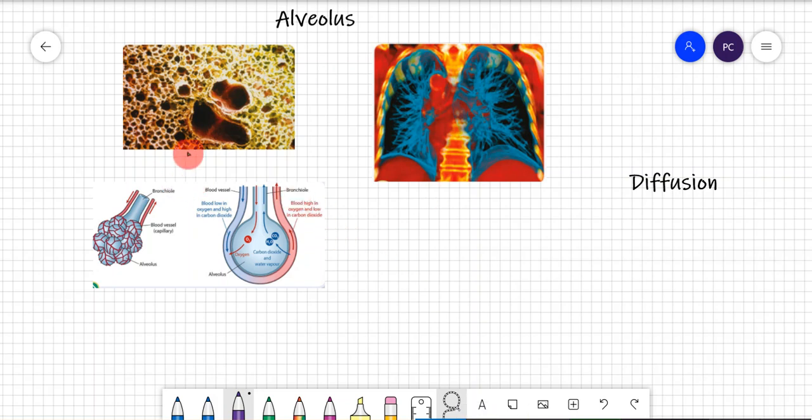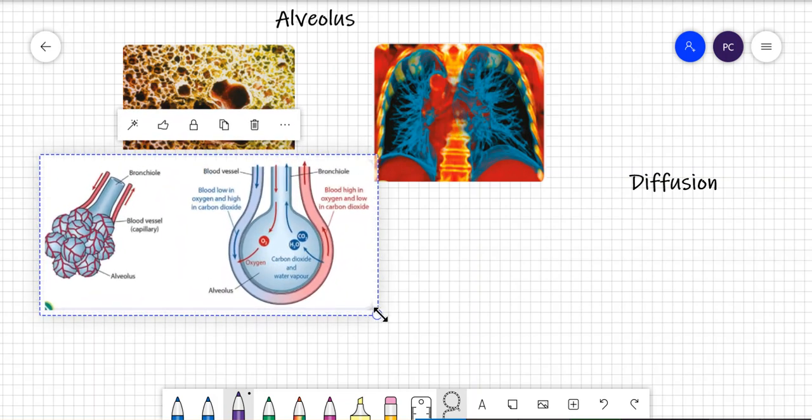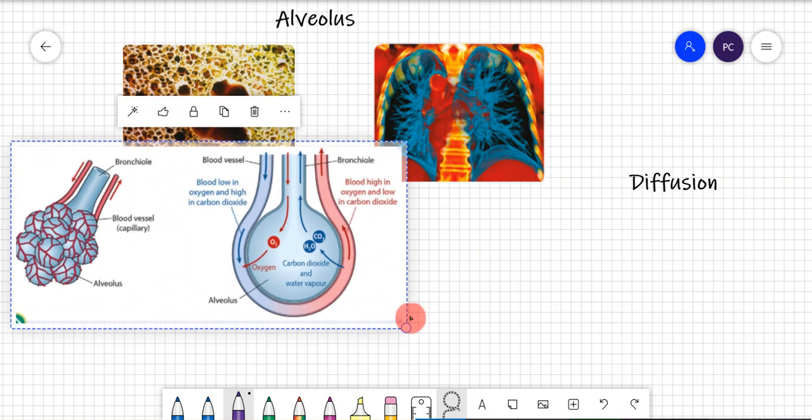So what happens is basically the air comes down through the trachea, down through the bronchus, into the bronchiole, and then right out to the very end, out to these tiny air sacs. And this is a zoomed in version of these tiny air sacs. And we just focus on this now.